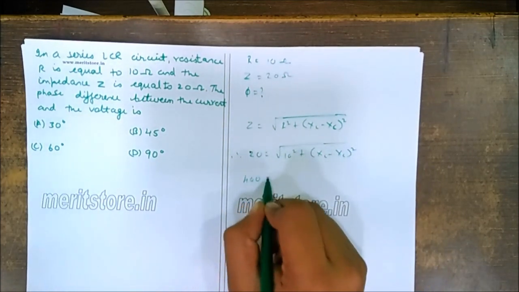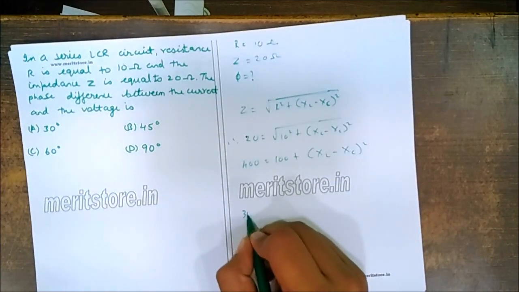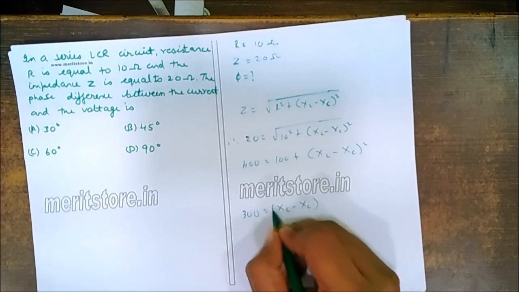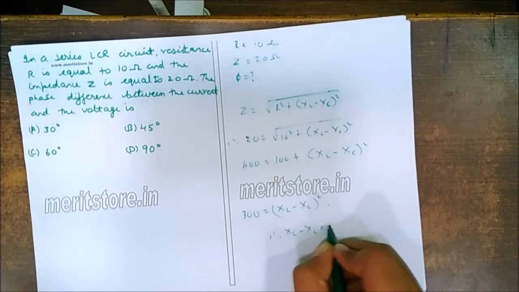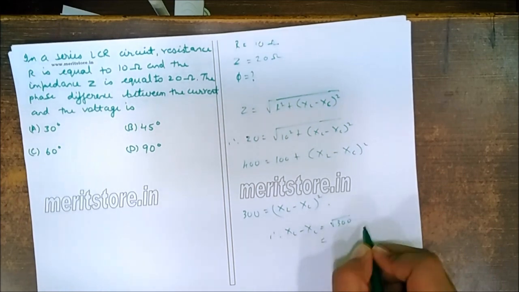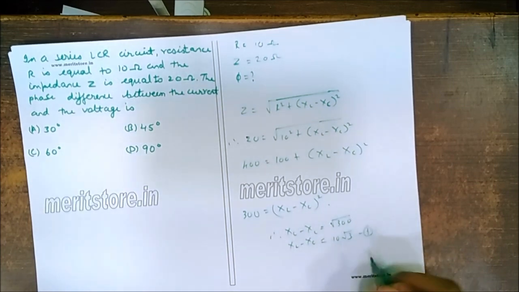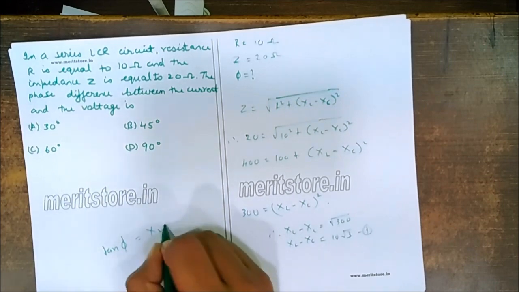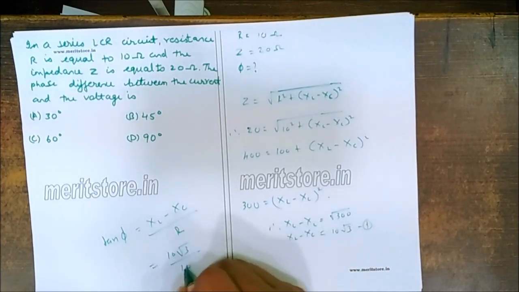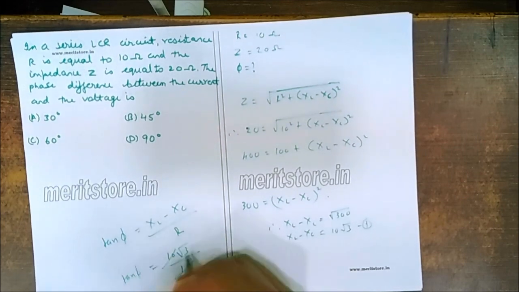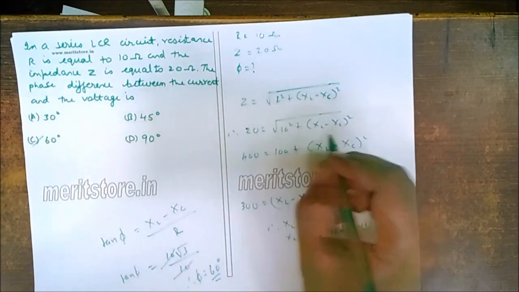On squaring both sides, this becomes 400 is equal to 100 plus XL minus XC the whole square. So this will become 300 is equal to XL minus XC the whole square. Therefore XL minus XC is equal to root of 300, is 3 into 100, which is 10 root 3. And tan phi is equal to XL minus XC upon R. So this is 10 root 3 upon 10, then you cancel. So tan phi is equal to root 3, therefore phi is equal to tan inverse of root 3, which is 60 degrees. Option C.